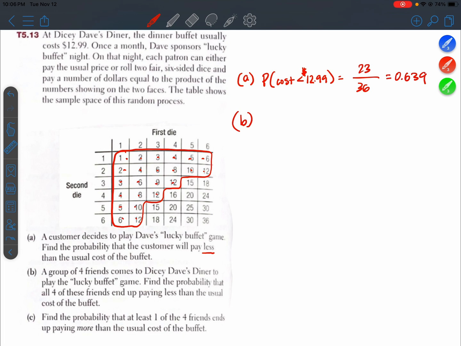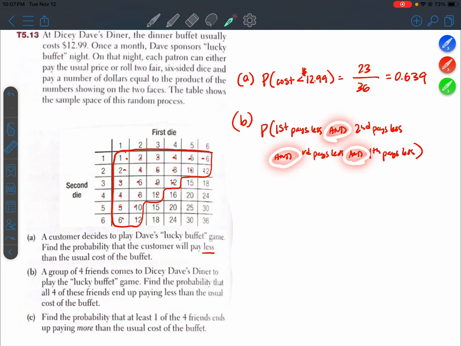Okay, so that's the probability that the first friend pays less, and the second friend pays less, and the third friend pays less, and the fourth friend pays less. All of these are and. This is a long and probability.